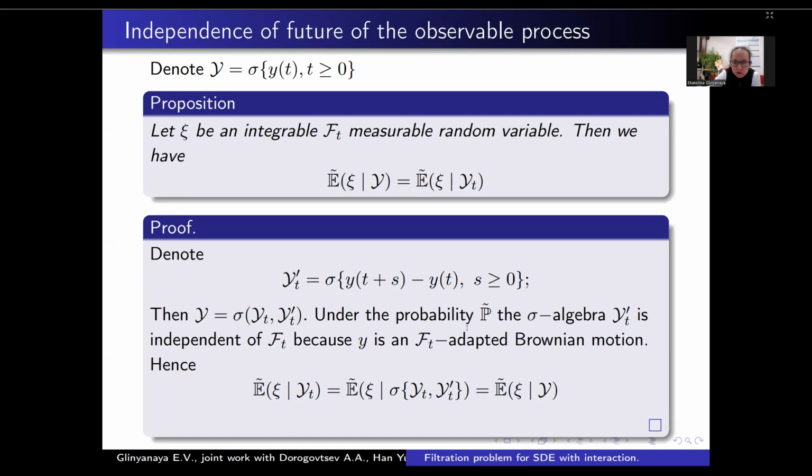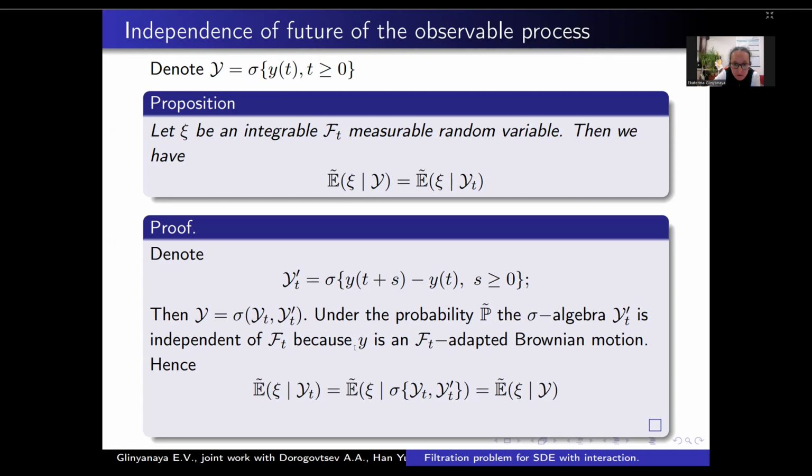And since we know that under probability p tilde y is a Wiener process, then y prime is independent of yt and independent of ft.